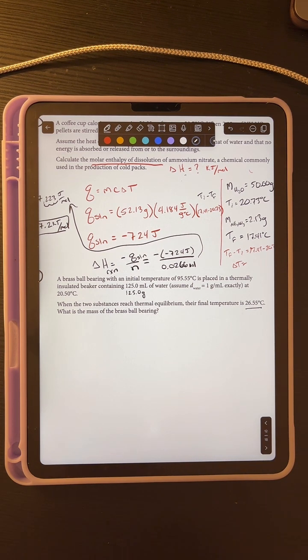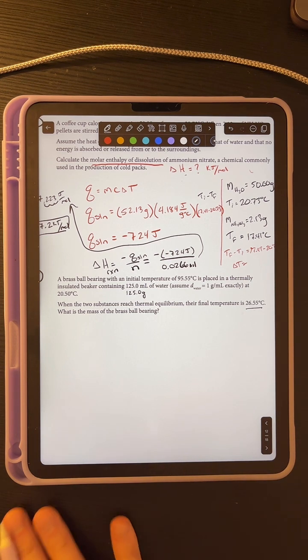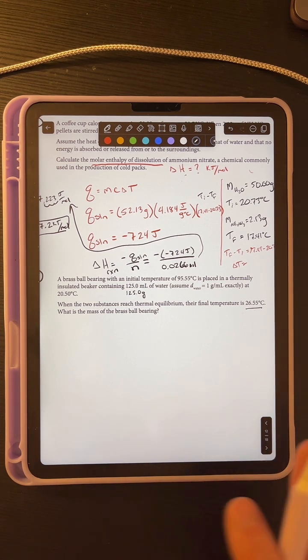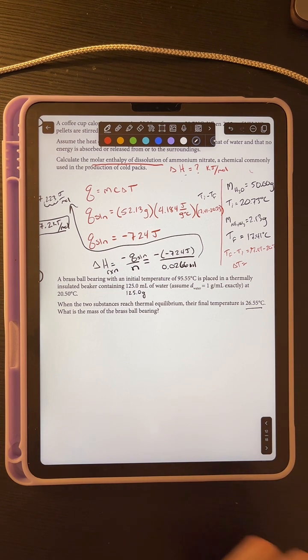So this is going to be Q equals mcΔT, but we're going to do two of them sort of at the same time. Now, I like to do it one way, and this is how I teach my students. If your teacher shows you a different way, that is totally okay. Just know that you can do it more than one way.